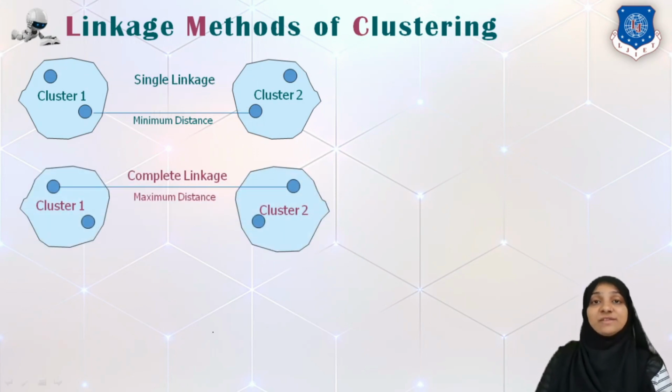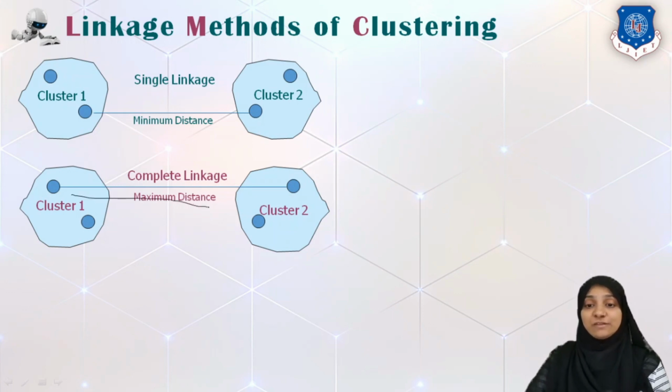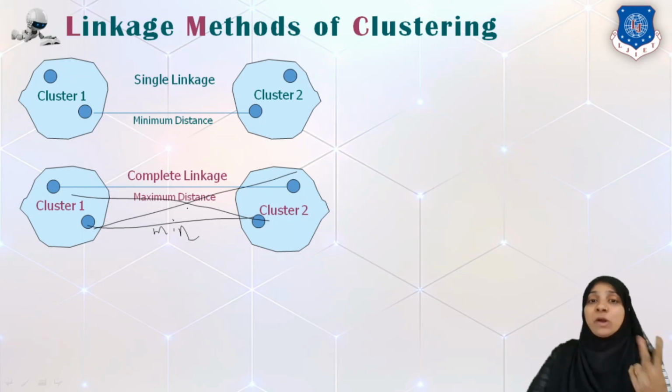In contrast, we have something called the complete linkage algorithm, which uses the maximum distance between any two clusters as the distance measure. As I have said, between these points we can have the distance between these two, or these two, or between these two. Okay, so this is the minimum. If I use this particular distance, then my algorithm would be called single linkage. If we use the maximum distance between any 2 points of two different clusters, that would be called the complete linkage algorithm.